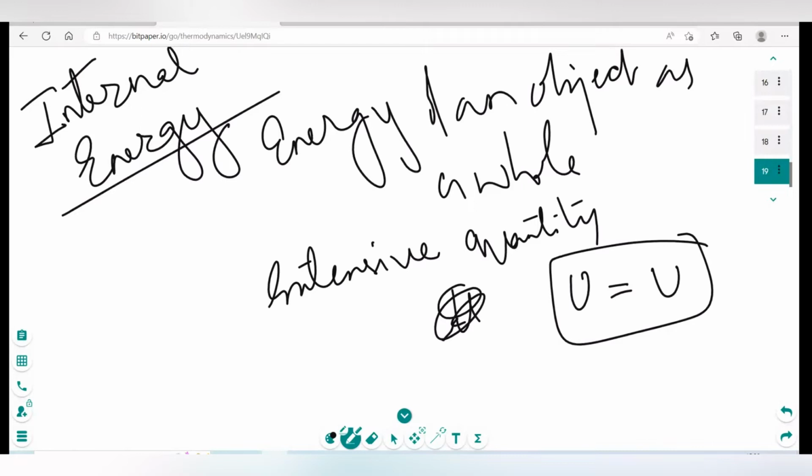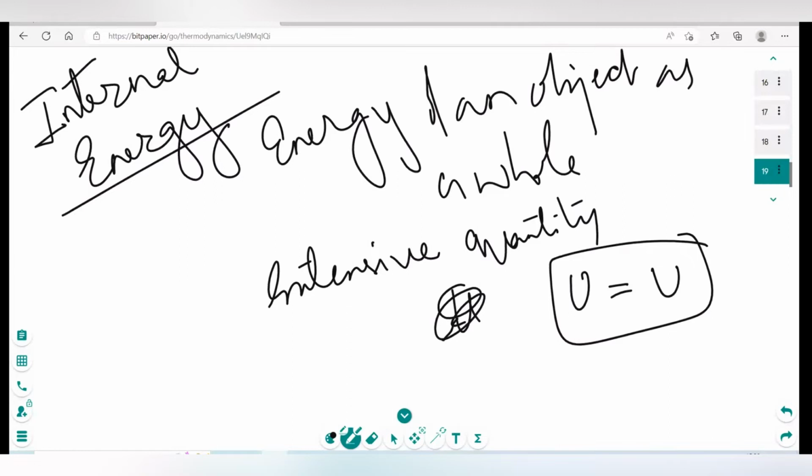Then it is the macroscopic variable of the system. What are macroscopic variables?